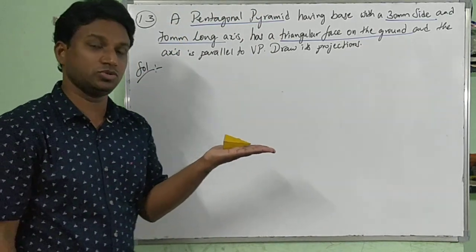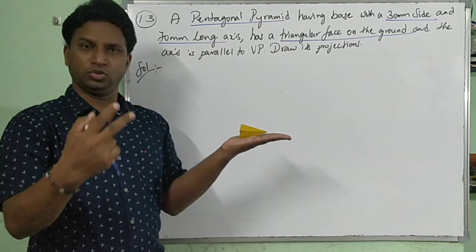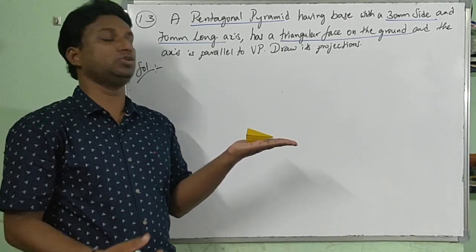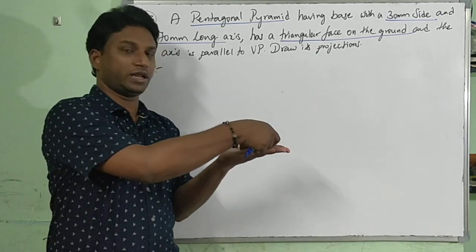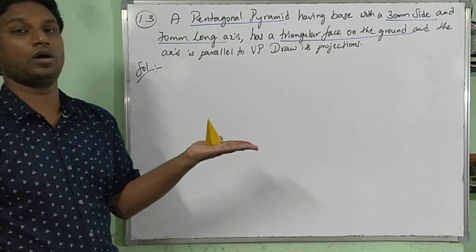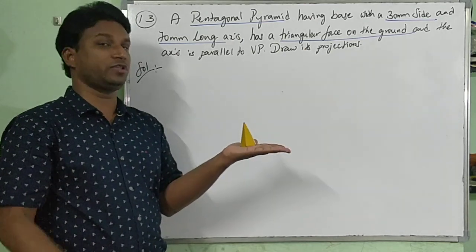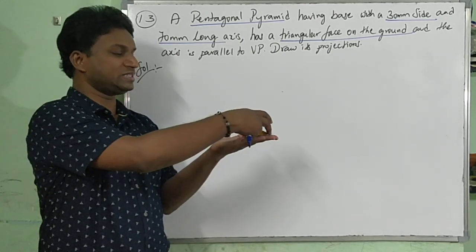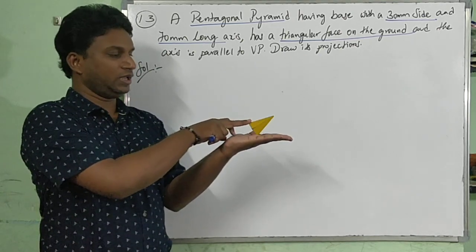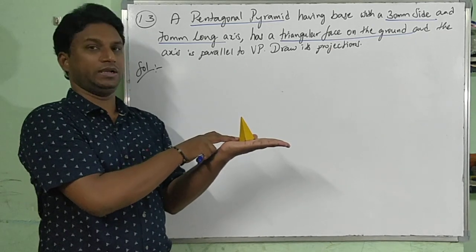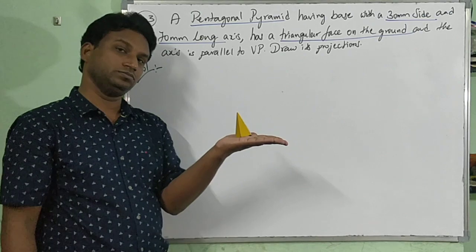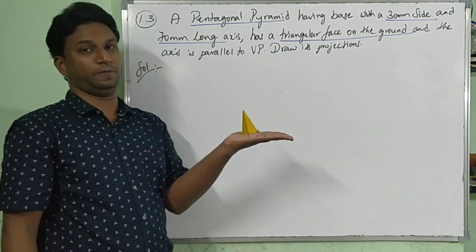So what are we supposed to do? We have to solve the problem by a two-stage process. Stage 1: we rotate this object into a particular position such that you can draw the true shape of the base. Whatever is lying on the triangular face, I am lifting it by 90 degrees about the axis such that the base is completely on HP.